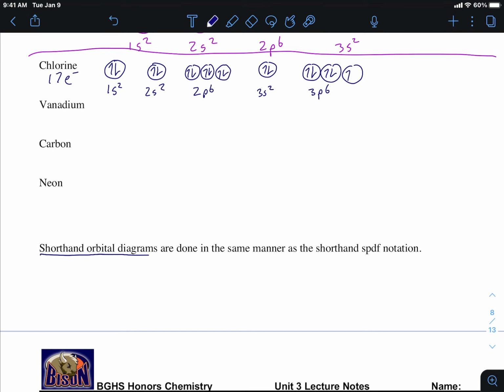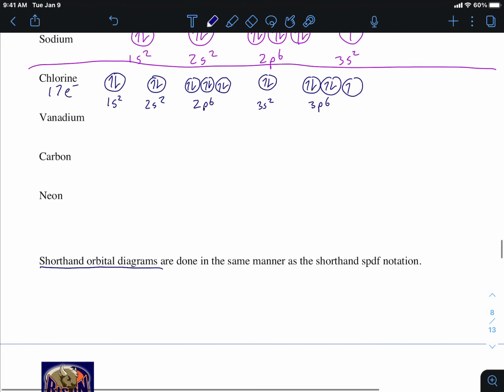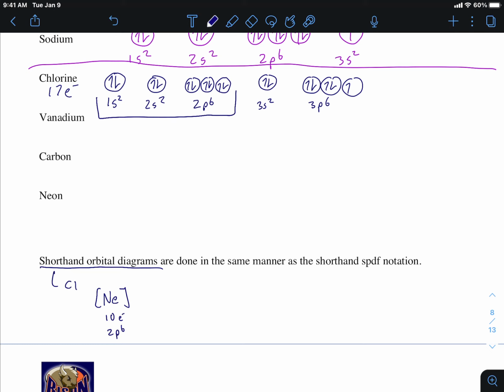Shorthand orbital diagrams are done the same manner. So let's say I wanted shorthand for chlorine. If I go all the way to the right side and go up 1, that's neon. And neon represents 10 electrons, and it's the 2p6 position.